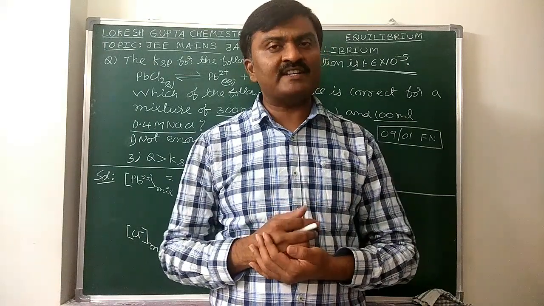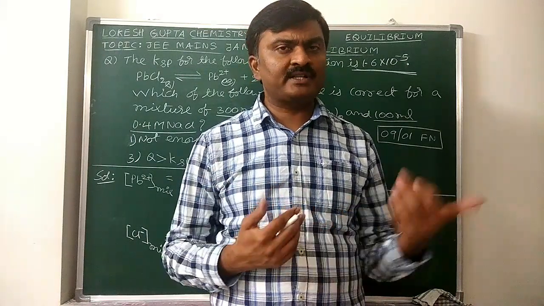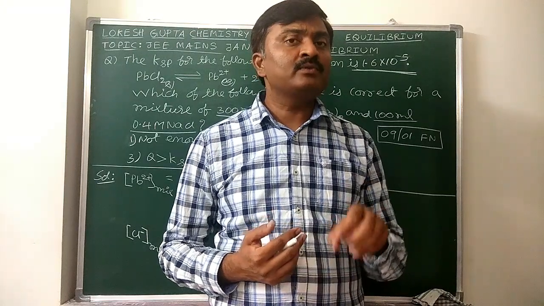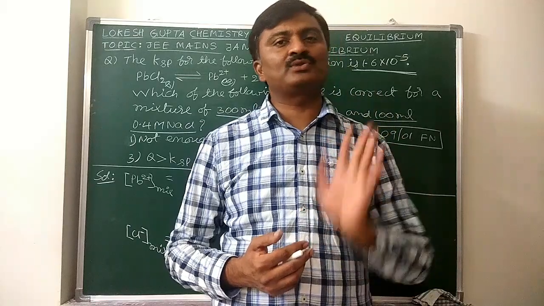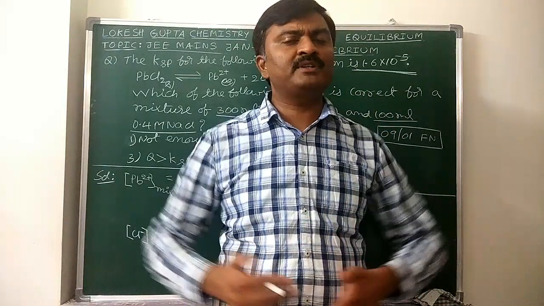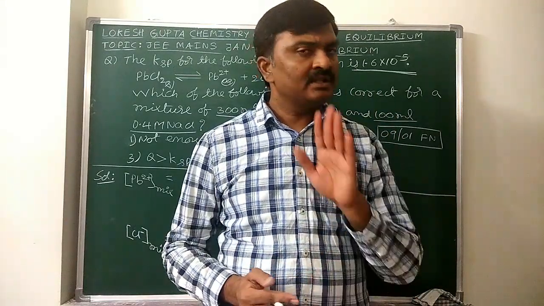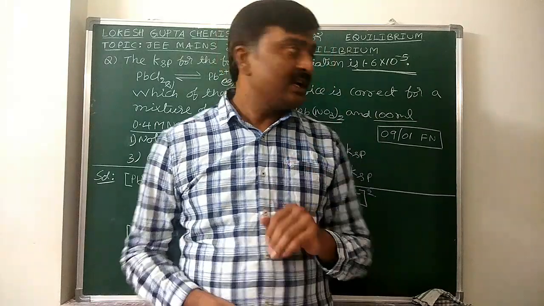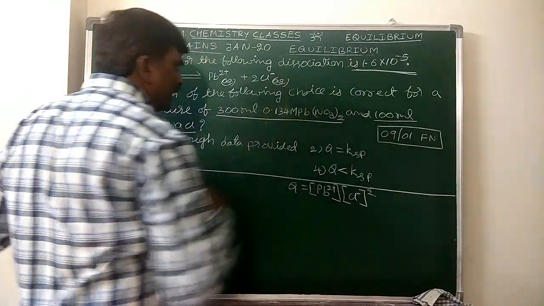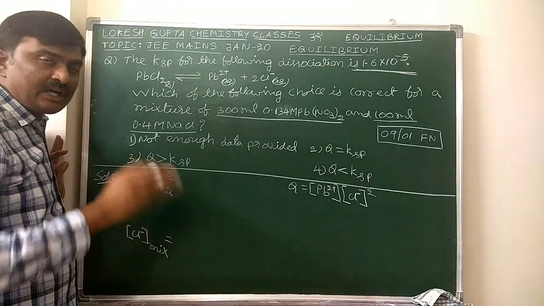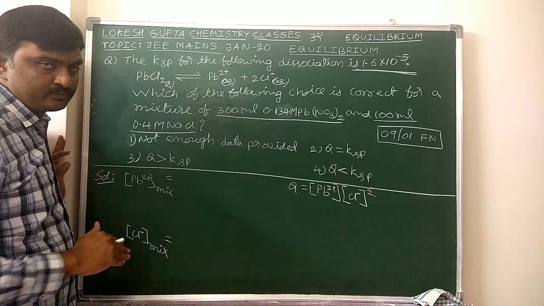But in the Q expression, the same expression as that of KSP, we substitute the concentrations of the ions in the given solution. That may or may not be a saturated solution. That is the first point we have to know. KSP value is given. Now we have to calculate the Q value. After that we have to compare those two.